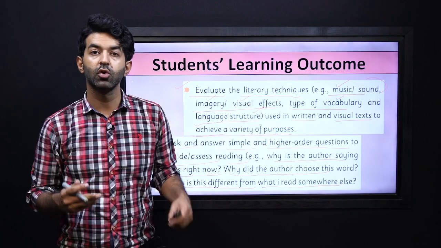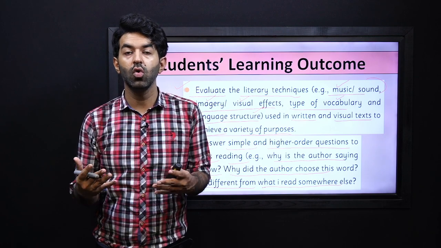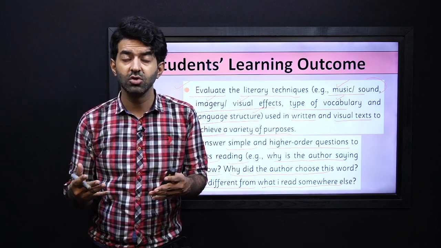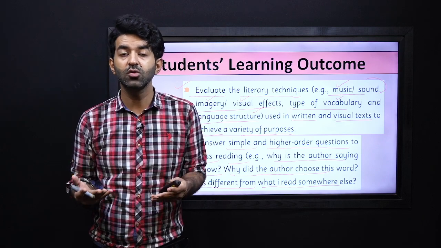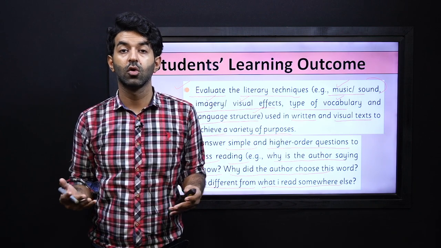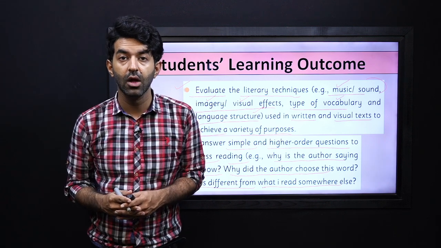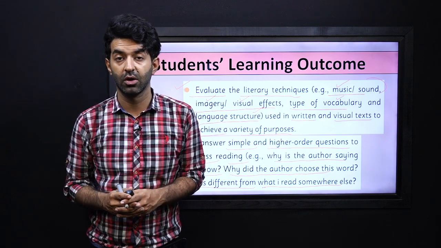Students, mostly when you read the main lesson or a passage, you are asked to answer some questions. Now, these questions can be simple or they can be higher order questions which require your critical thinking and analytical abilities. We are going to see what the higher order questions are.